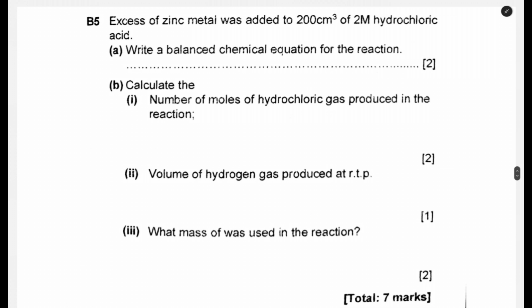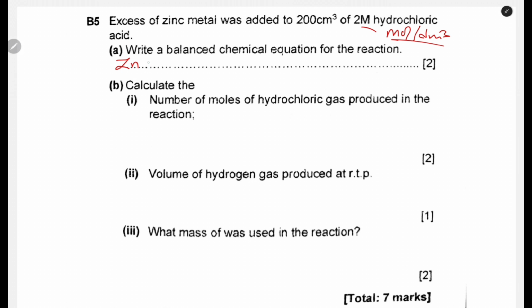Then let us have a look at this question. Excess of zinc metal was added to 200 cubic centimeter of 2 molar hydrochloric acid, or 2 mol per decimeter cubed. Like I said, this M is mol per decimeter cubed. It's concentration. Write the balanced chemical equation. So we have zinc reacting with the hydrochloric acid.